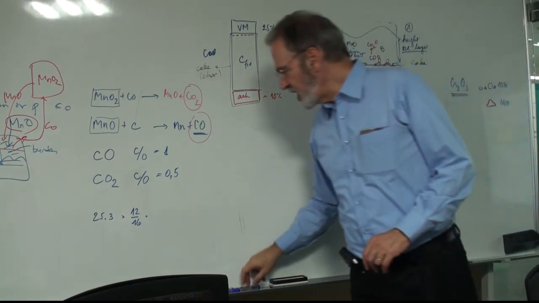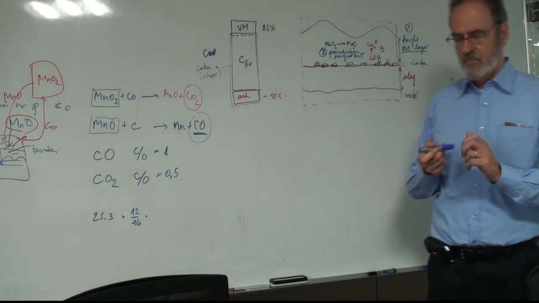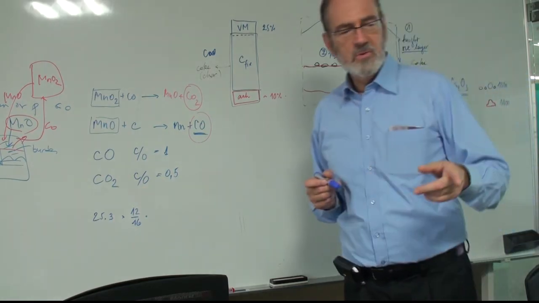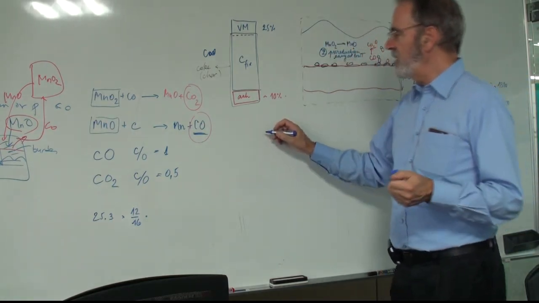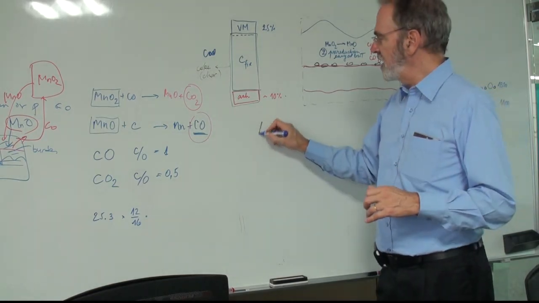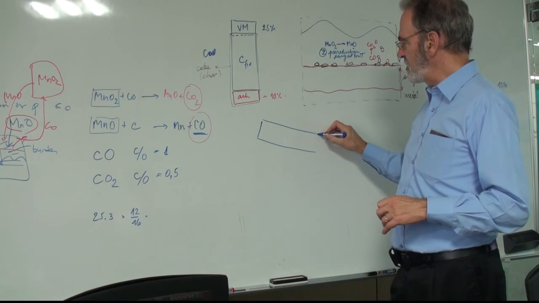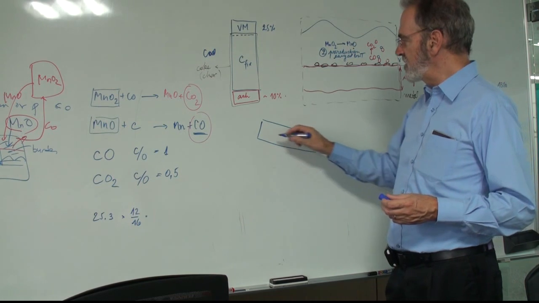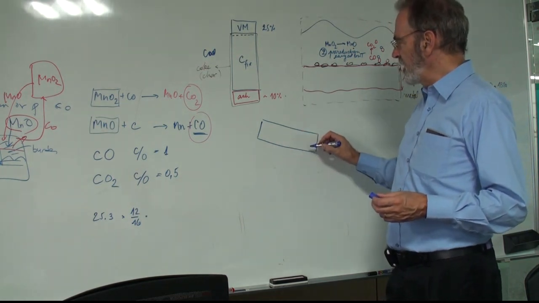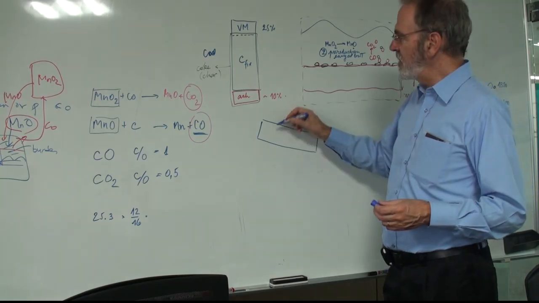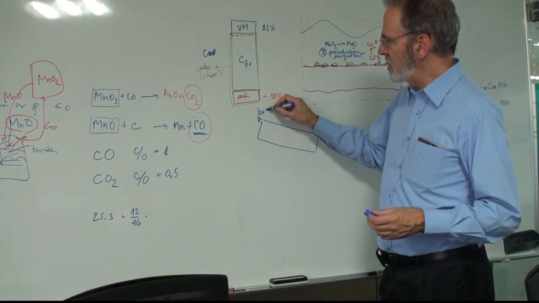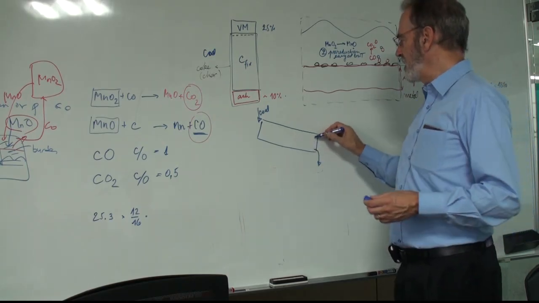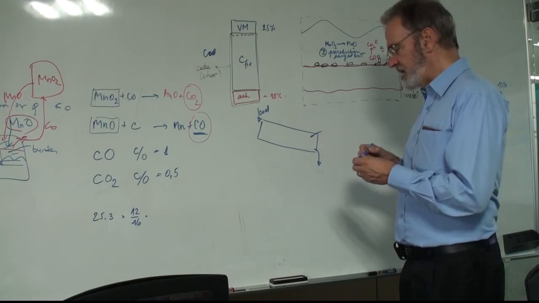While how is char produced? There are different ways, but the way that was most popular in Europe and in France, where I have worked on such a furnace, is a rotary kiln in which you put the coal.